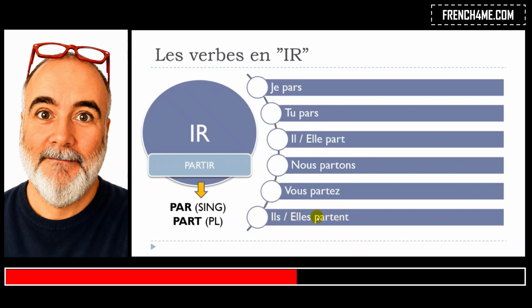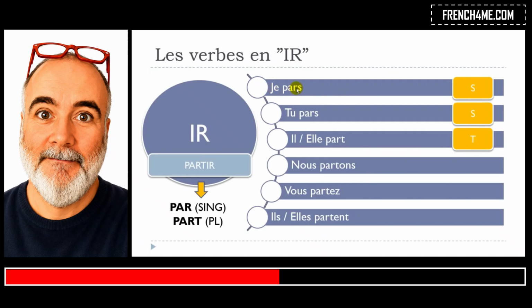Okay, so the first part P-A-R-T, and then the ending E-N-T. Okay, and this is the tricky thing with this verb partir. It's just to remember that when you get the singular or the plural, well, basically you will have different stems, okay? So the first one, keep in mind that you will have this PAR, and then you will add the ending S for je, S for tu, T for il, elle.